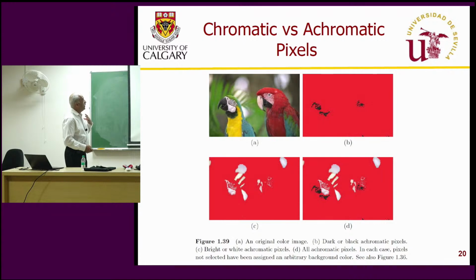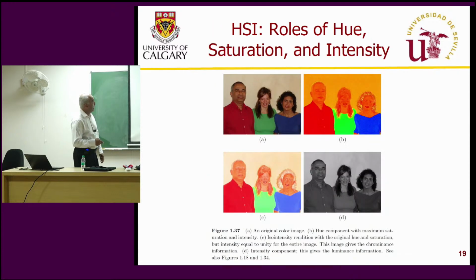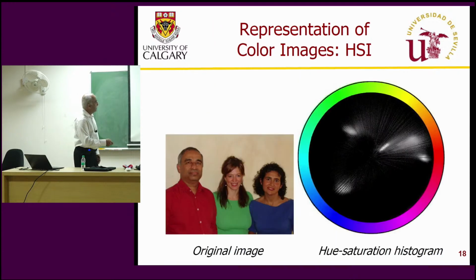And then you can separate chromatic and achromatic or non-chromatic pixels. In this image, which pixels have no color? Nearly black, nearly white. So close to the saturation being 0, go there and take those pixels. Put a condition that regardless of the hue angle, saturation must be less than something.